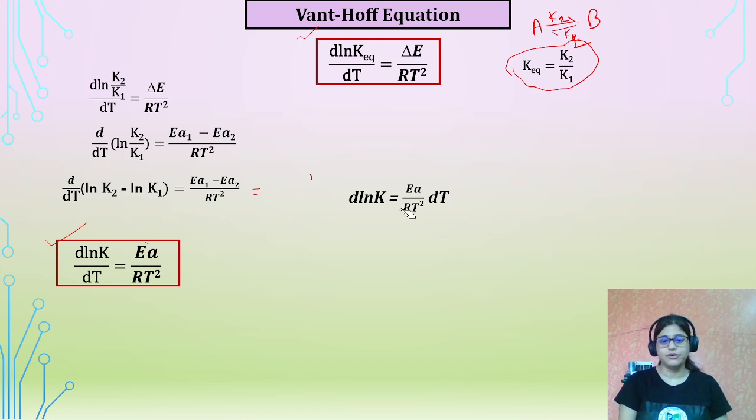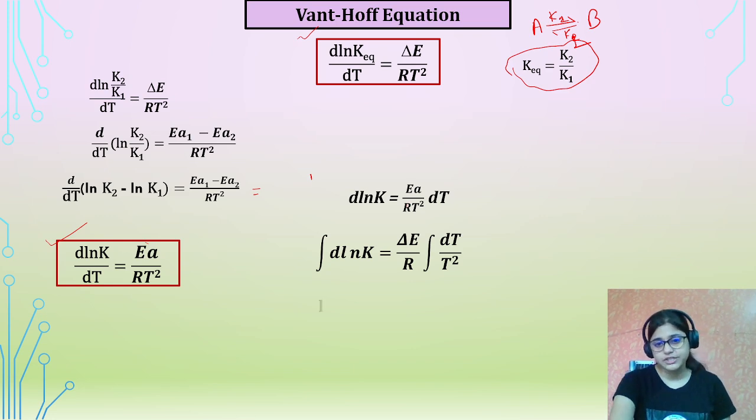Let's see carefully. Okay. So d ln k equal to Ea by RT square into dt. Now, if we take integration here and here, these two are constant, so they go outside the integration sign.